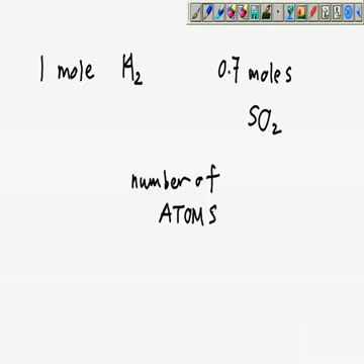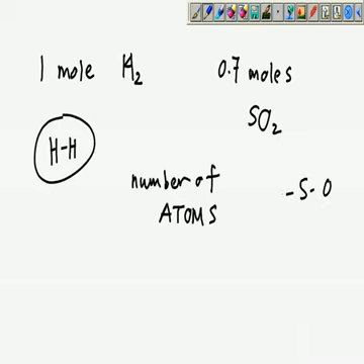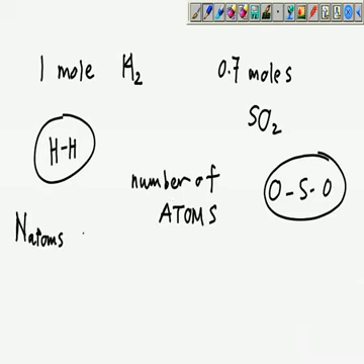Now let's investigate this. This one is H-H in a capsule. This one is S-O-O in a capsule. Okay, so the number of atoms would be 2 Na. Alright, so 2 times 1. Where do I get the 1 from? 1 mole. So I keep the answer as 2 Na. Where do I get the 2 from? 2 atoms.